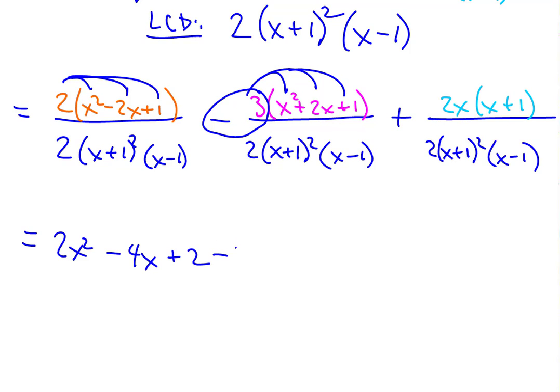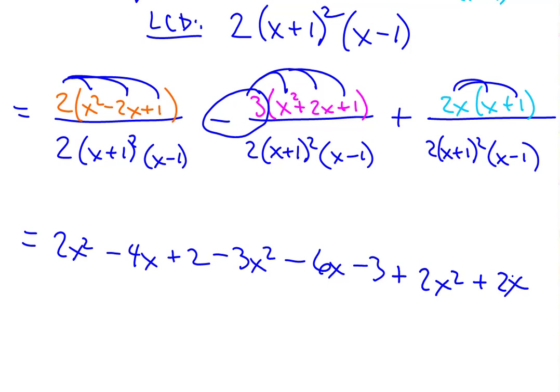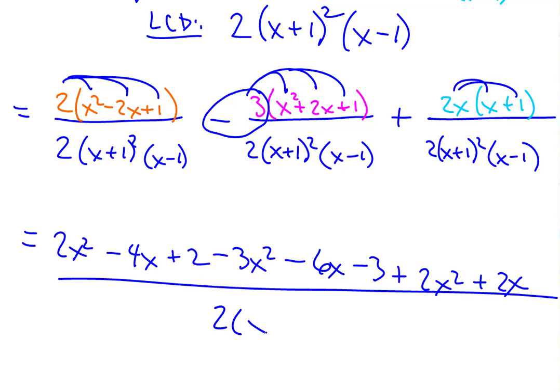That would result in a negative 3x squared, and then a minus 6x, and then a minus 3. And then in the last fraction, we'll distribute the 2x in to get a positive 2x squared, and then a plus 2x. Okay, now that's the numerator. That's all over our LCD, which is, of course, 2 times x plus 1 squared times x minus 1.